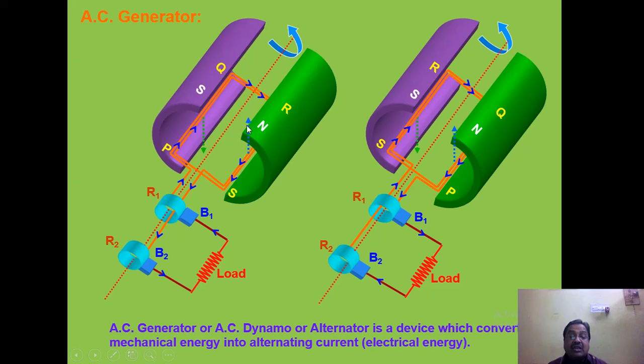At that time EMF is induced in it, and due to that the induced current flows in the direction PQ, RS, B1, B2 through the load, through B1, R1 and again P. This is the direction shown by this cursor, taken by the induced current this way.